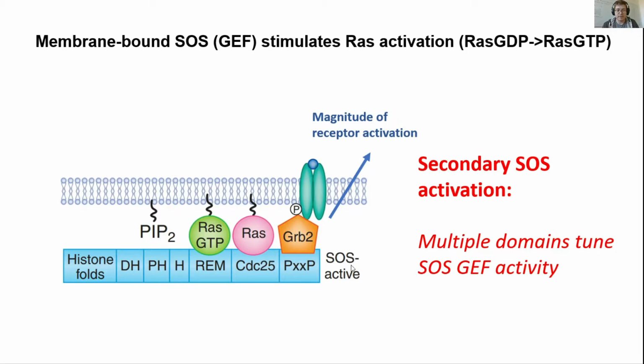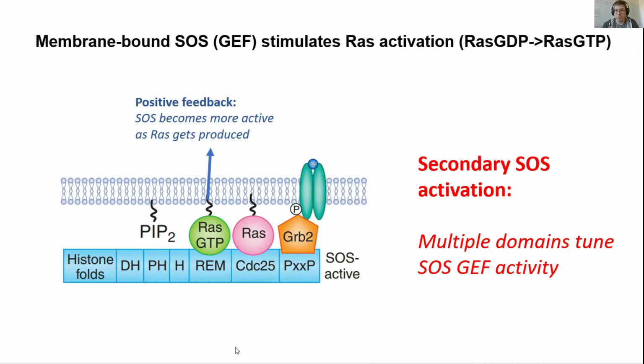And there is, of course, the domains here that interact with GRAB2. And so this is going to tune the activity of CDC25 in relationship to the magnitude of receptor activation. So the more receptor is activated, the more GRAB2 can recruit SOS to the membrane. And then finally, there's an interesting component of SOS, which is it contains a second binding domain that binds only to the activated form of GTP.